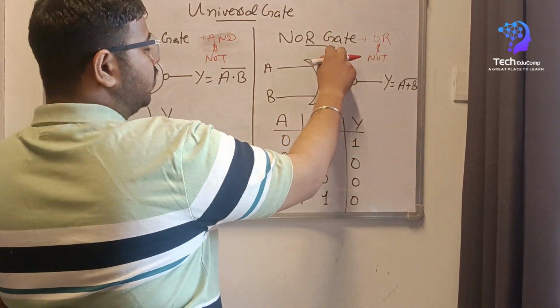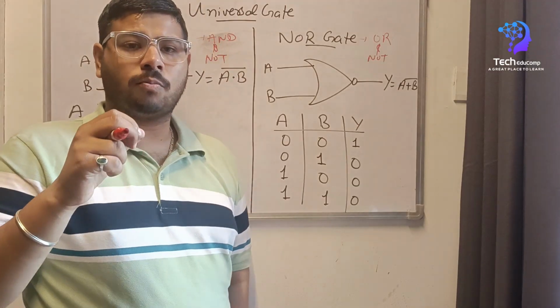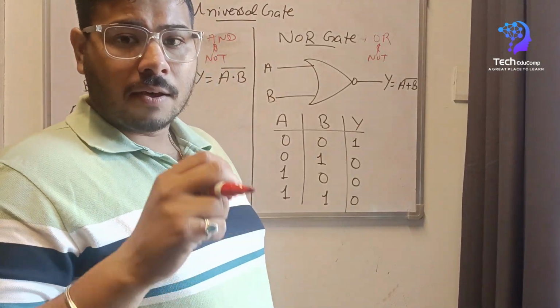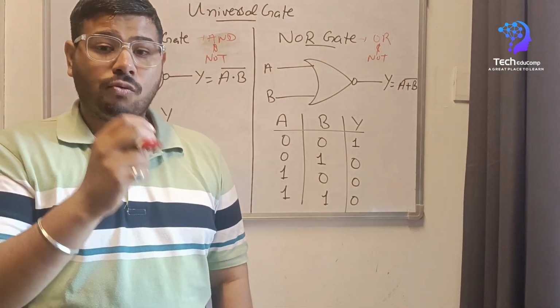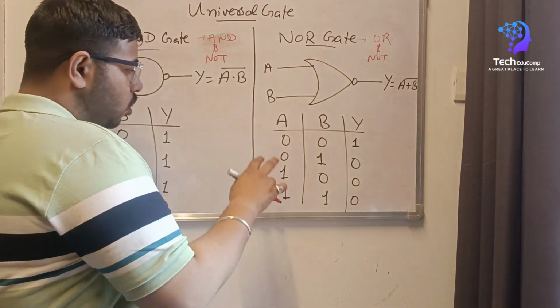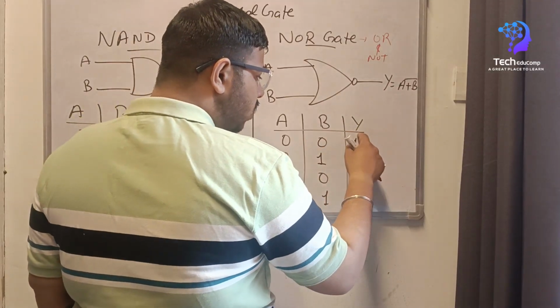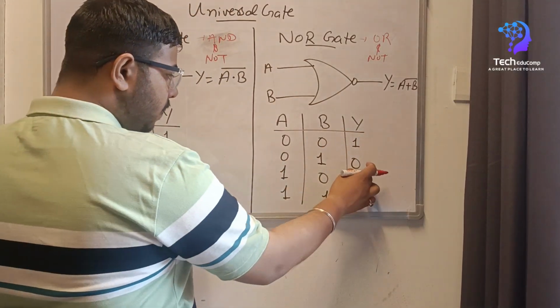Now this produces a true output when its inputs are false. As you can see here, when both the inputs are false, it produces a true output.